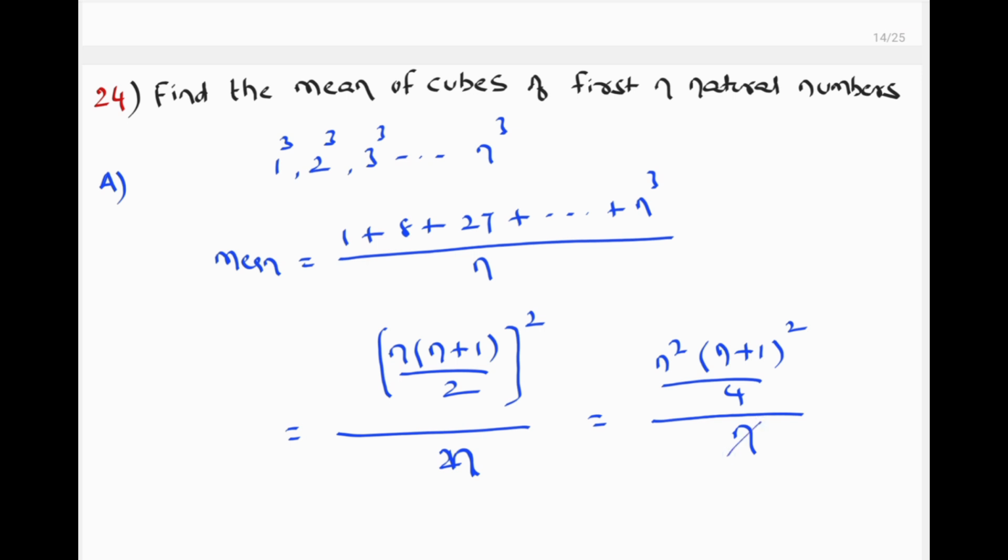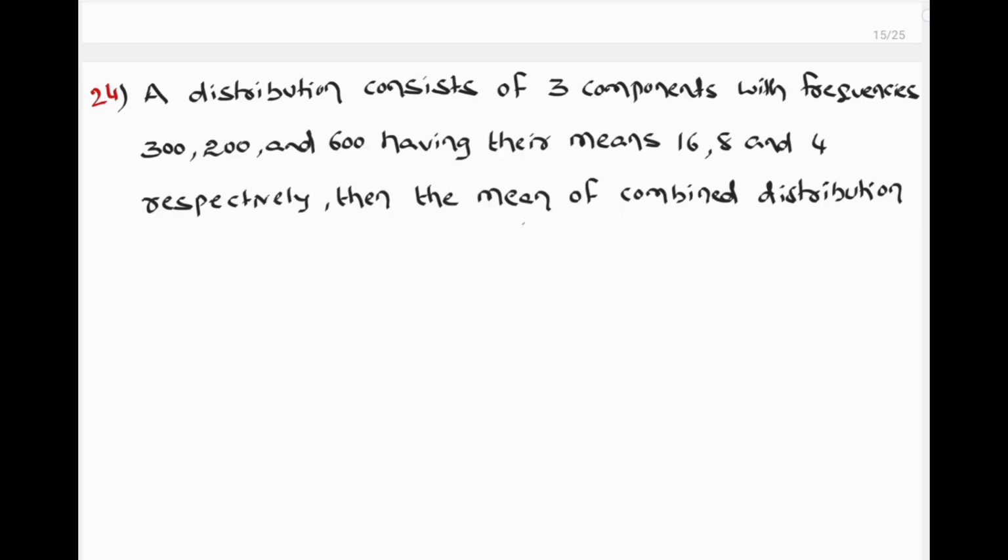So we can cancel n power 2. Therefore, we are left with n into n plus 1 whole power 2 whole by 4. It is the mean of cubes of first n natural numbers.